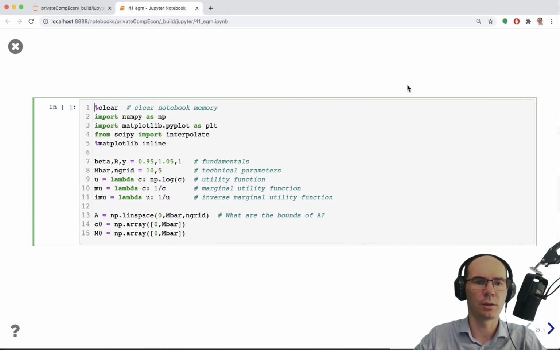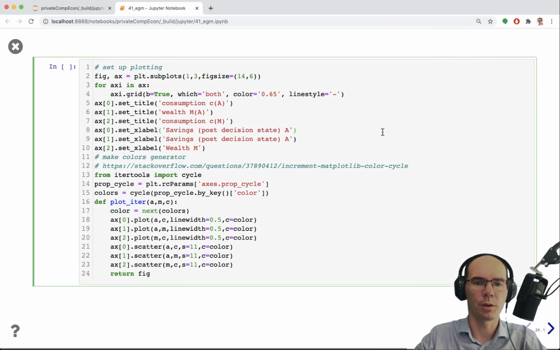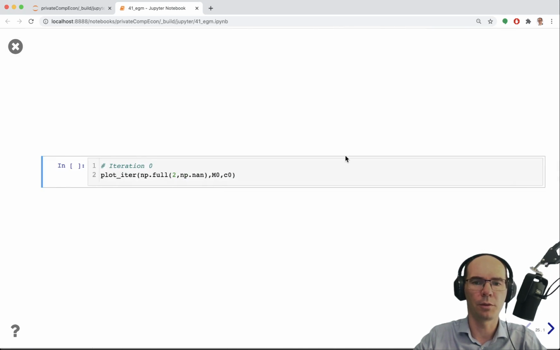Okay, let's see how that is done. And I'm starting again with all the same code, with clearing the memory, and then here the income is going to be 1. All the other fundamentals are the same. Well, 5% return. And let me rerun the code for graphics.